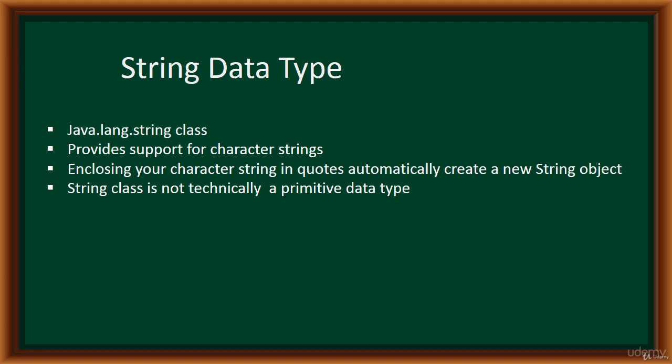Basically it provides support for character strings. When you use a string, you have to enclose the text in quotes, and when you do that, it turns that into a string object. This piece of text, for example, is referred to as a string. So you can see that it is enclosed with quotes on either side.